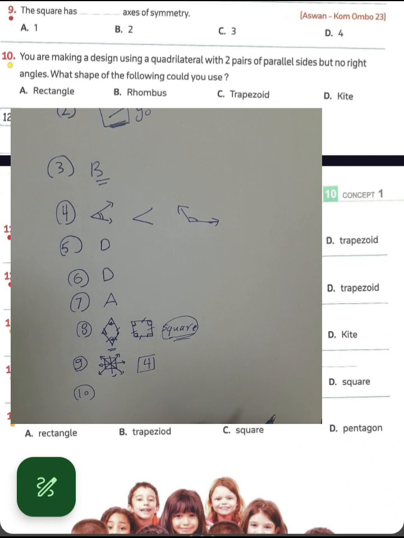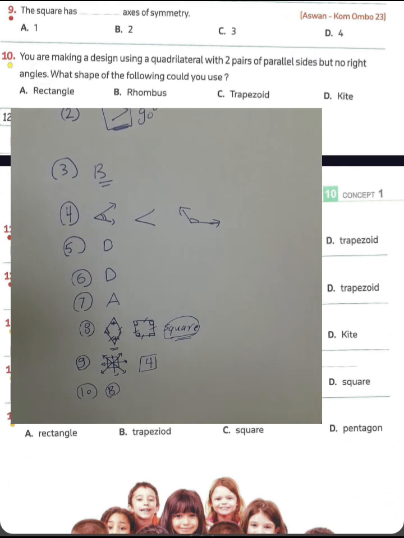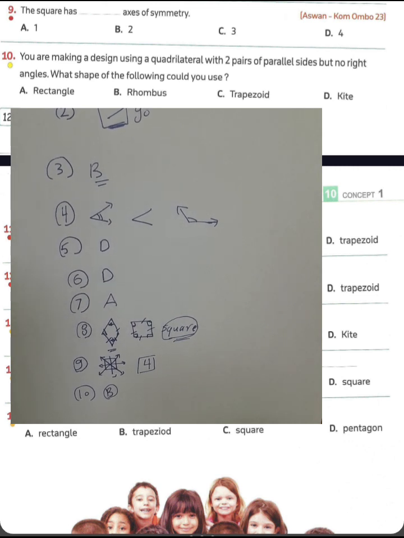So you must choose rhombus, letter B. Question 10, choose letter B.